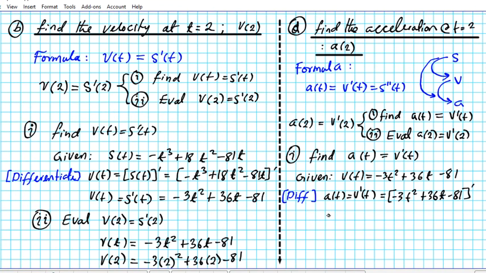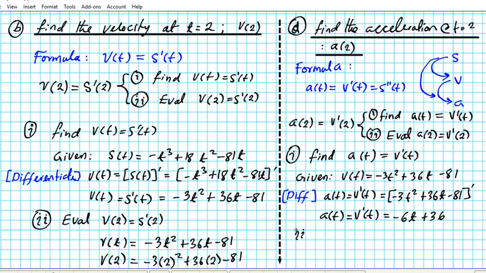So a of t is equal to negative 6t plus 36, and the derivative of 81 is 0. That's the differentiation step, like we did with the velocity.